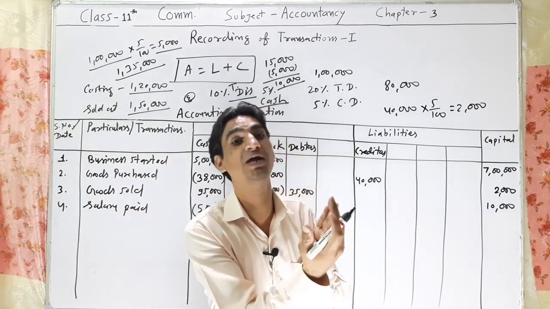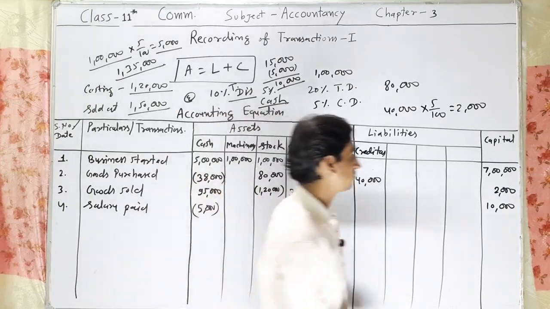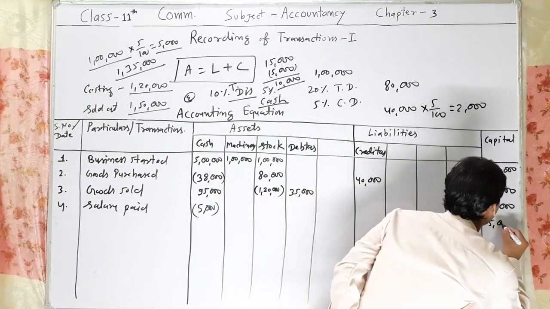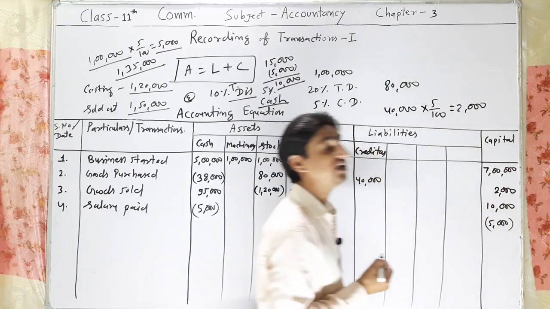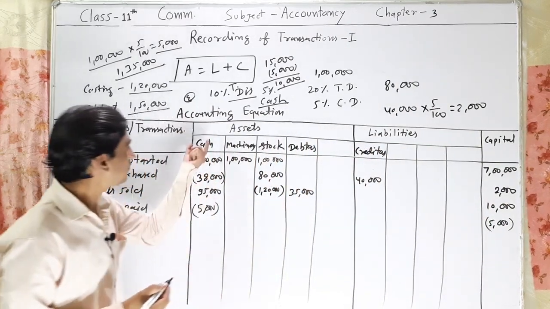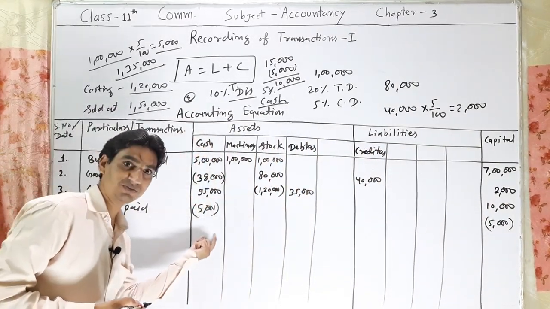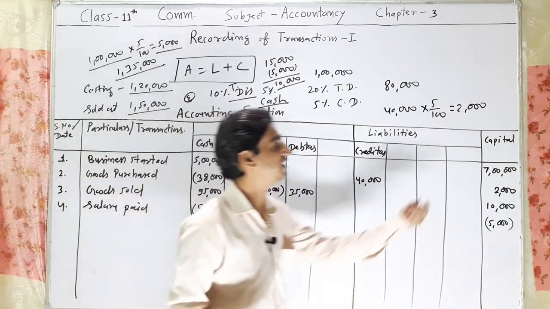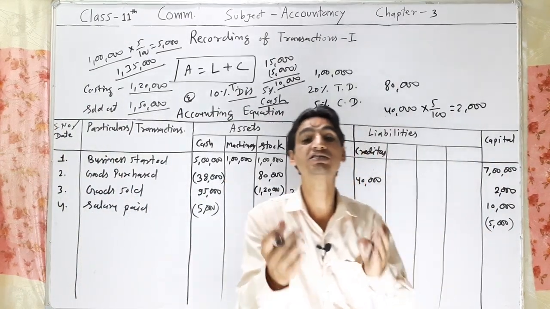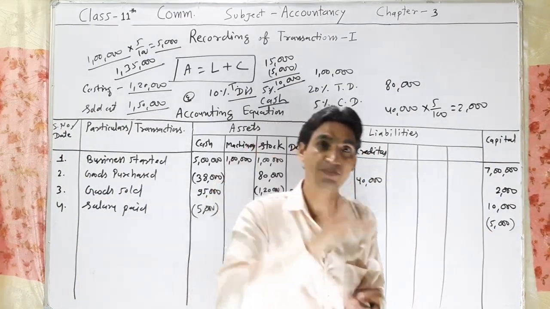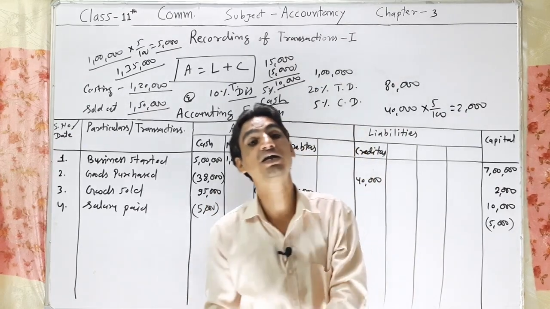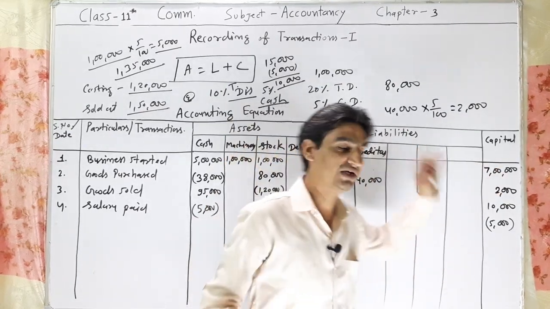Expenses reduce the balance of capital, so minus 5,000 in capital. 5,000 reduced in cash balance and 5,000 reduced in capital. Expenses and losses are reduced from capital.